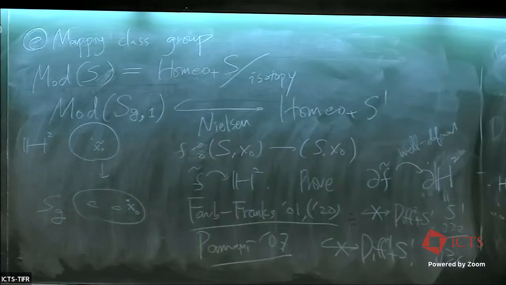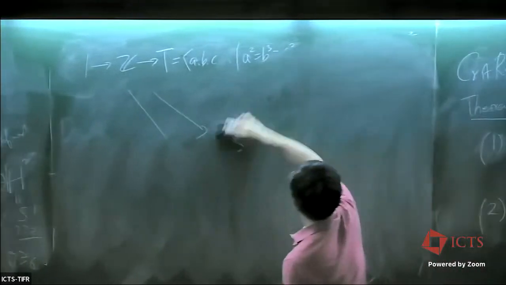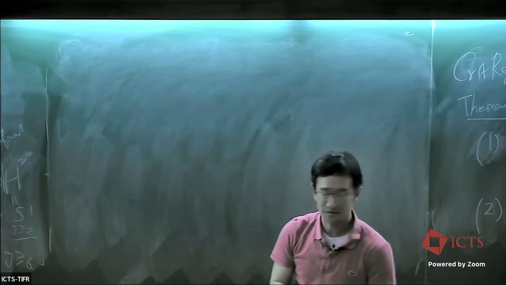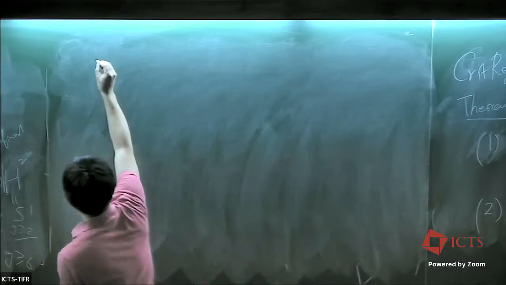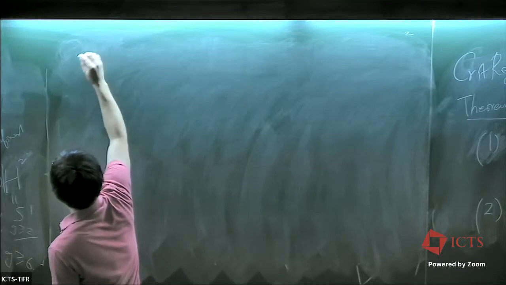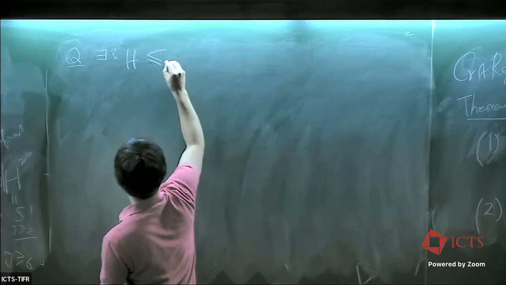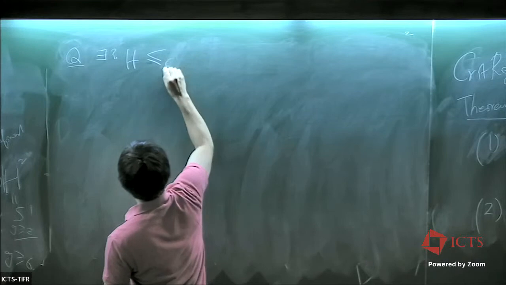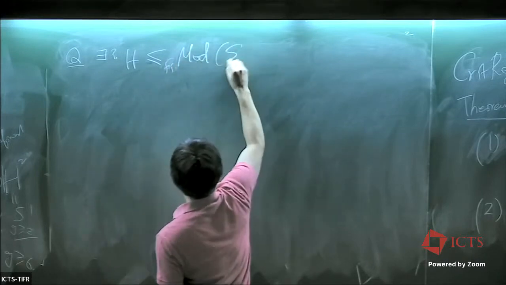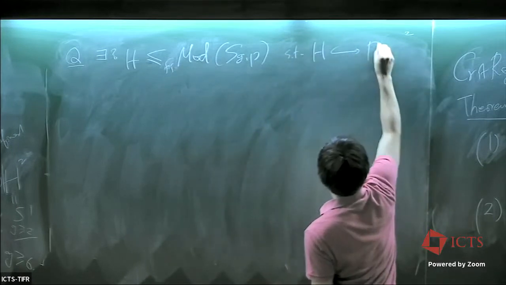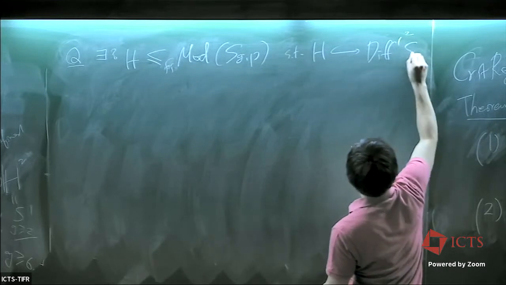But for the remaining time, I'd like to talk about a virtual question regarding this direction. And this will really be the end of the history. Next time I'd like to talk a bit about the proof of the construction, critical regularity group. So the real question is, does there exist a finite index subgroup H of any genus and any puncture such that H embeds into Diff^1_+ of S^1?